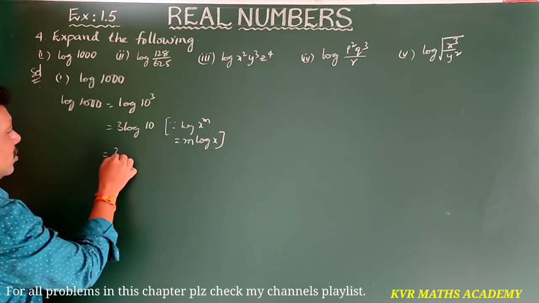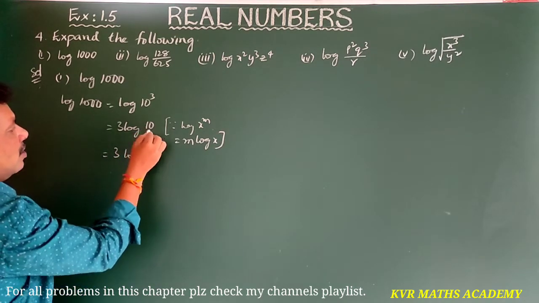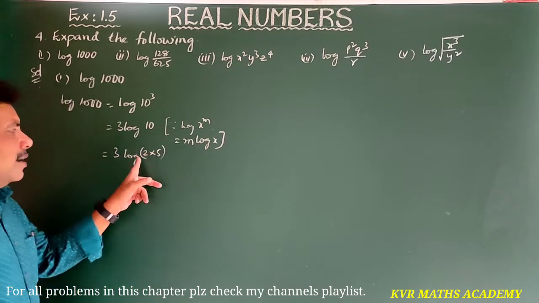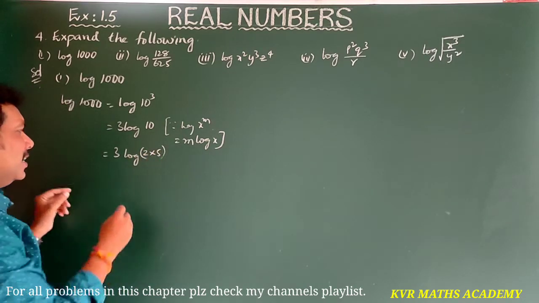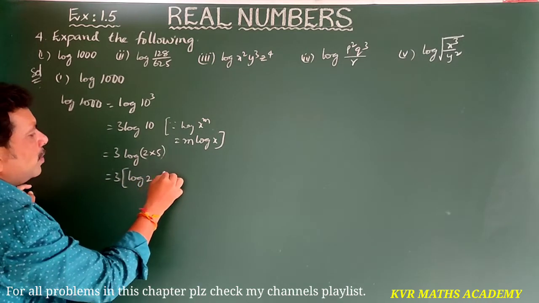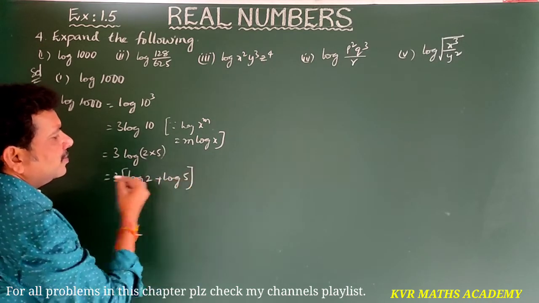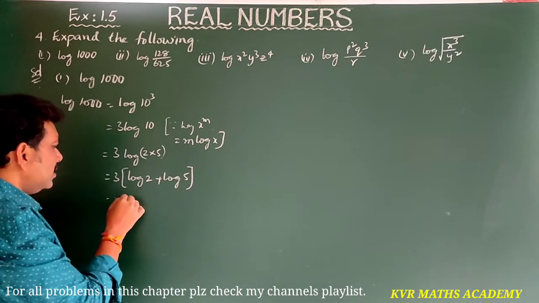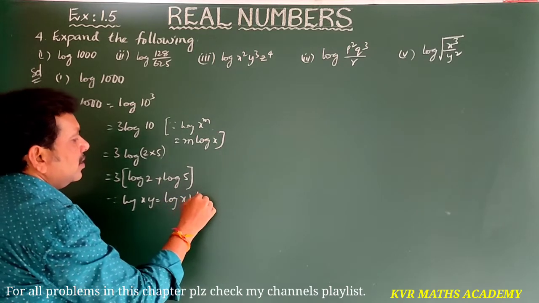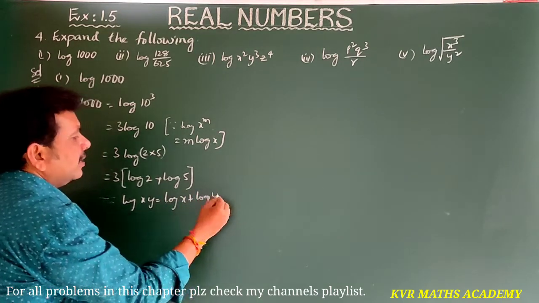Now 10 can be written as 2 into 5 only. So this is equal to 3 times log 2 plus log 5, since log xy is equal to log x plus log y.